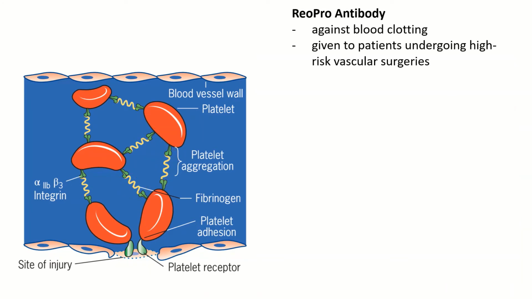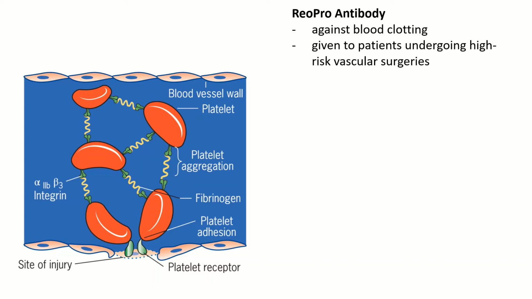Now, there are certain occasions when we don't want blood clotting to happen. For example, in high-risk vascular surgeries, we don't want blood clots to form in the wound as we do the surgery, because they could flow into other parts of the circulatory system of the patient, block certain capillaries, and cause further damage.